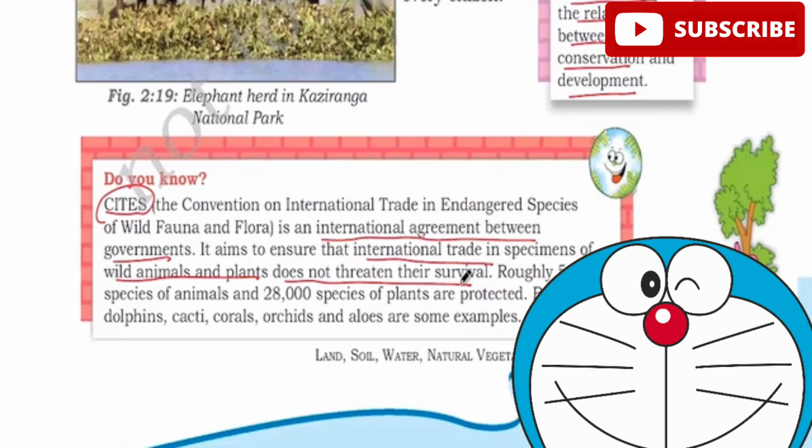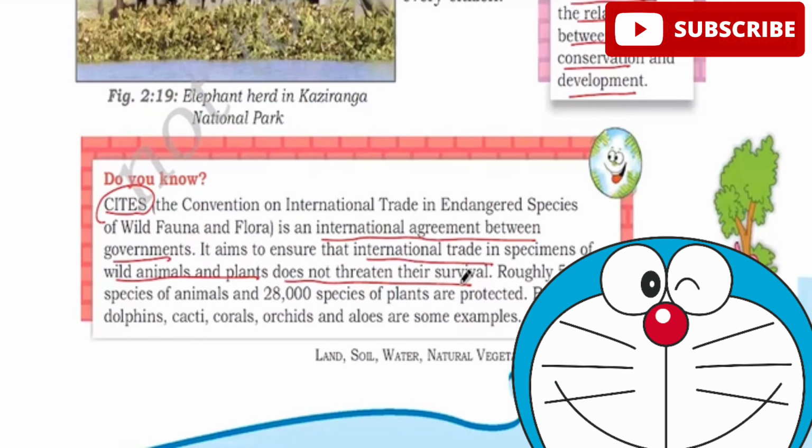So CITES tries to ensure that between governments, whenever the agreement is signed, if you call an organism to be protected under CITES, then that trade is not allowed, and you can sue a country which allows trade in that particular good.